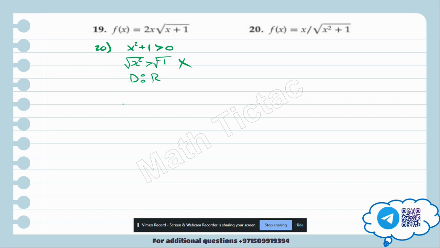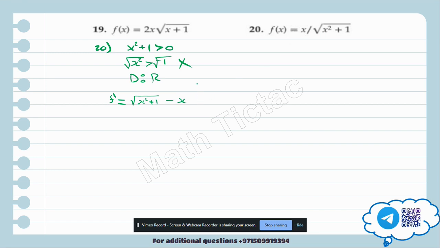Now, starting with finding the derivative, f prime, let's solve this question step by step. This is a quotient rule: the denominator, square root of x squared plus 1, multiplied by the derivative of the numerator, which is 1, minus the numerator, which is x, multiplied by the derivative of the denominator.